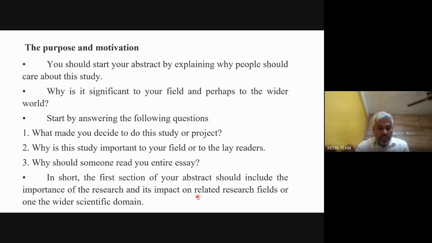Entire essay means whatever you have written, right? In short, the first section of your abstract should include the importance of the research and its impact on related research fields or the wider scientific domain. So this was the purpose and motivation.